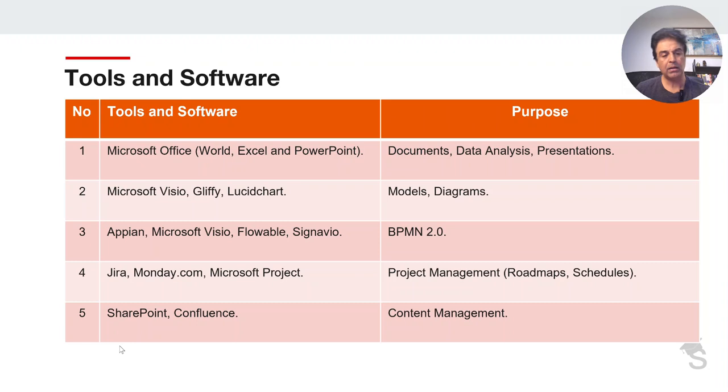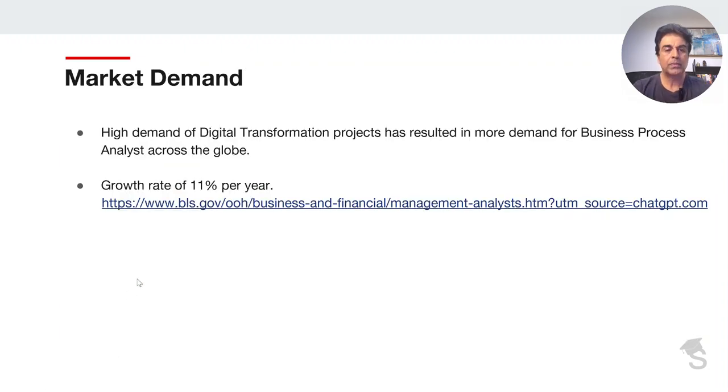Now let's talk about the demand for business process analyst. Now there's a huge demand for business process analyst, mainly because of a lot of initiatives around digital transformation, right? So because of that, we have seen a huge demand for this role. And as of 2025, and this is based on the government statistics, the growth rate of this role is roughly 11% per year across the North American market, especially from the US perspective.